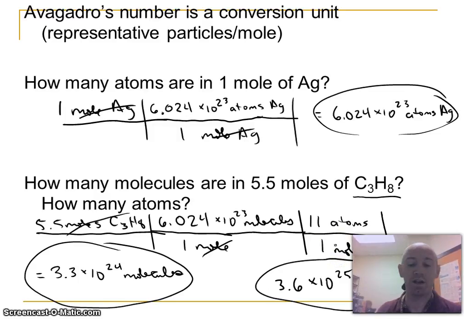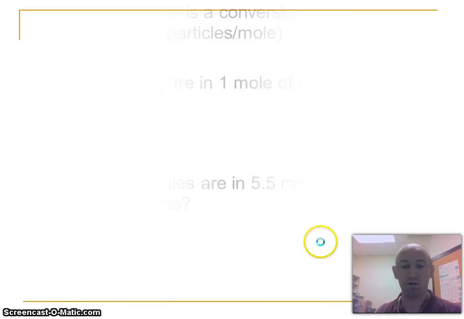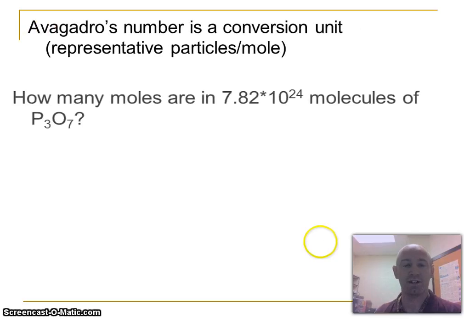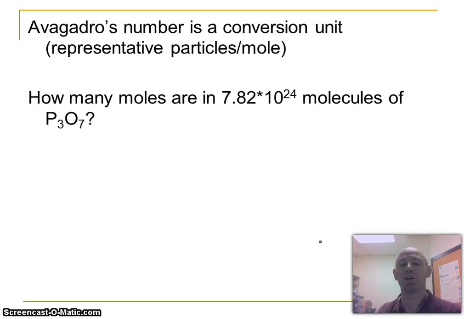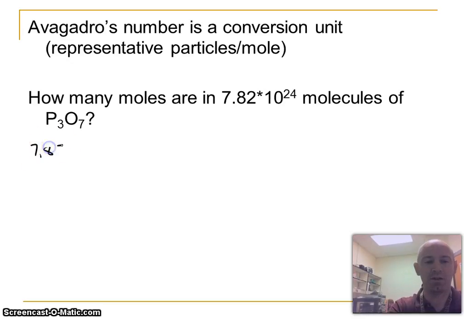Let's do one more, and then we will call it a set of notes. Last conversion factor here. How many moles are in 7.82 times 10 to the 24th molecules of P3O7? And this one we're working the opposite direction. 7.82 times 10 to the 24th molecules.